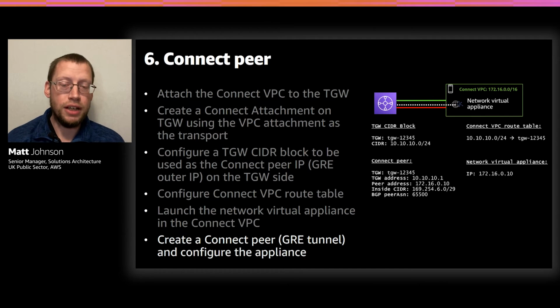And to do that, we take an IP address from the CIDR block that we assigned. So in this case, 10.10.10.1. The peer address, 172.16.0.10. We give an inside CIDR block, which is used for the BGP exchange of information, and a BGP peer ASN number. So together, those are the components that we need to use to deploy Transit Gateway Connect.